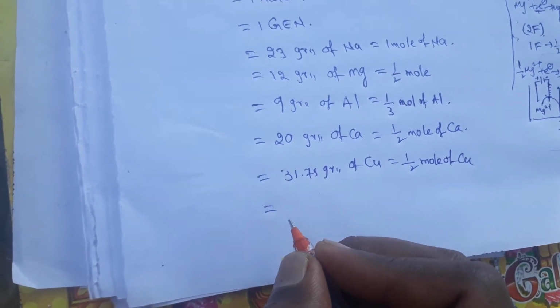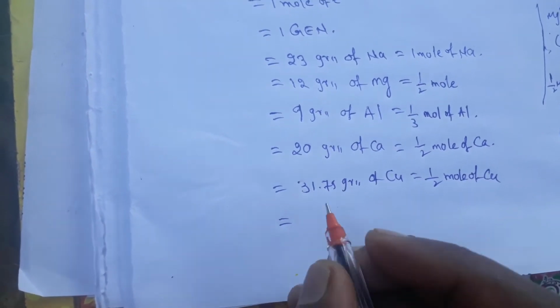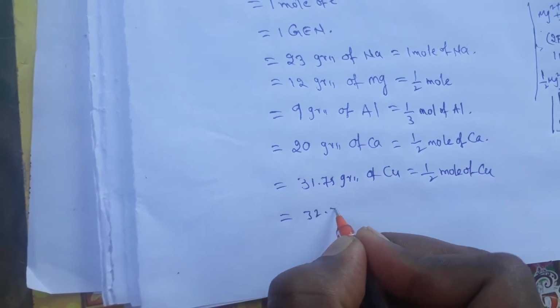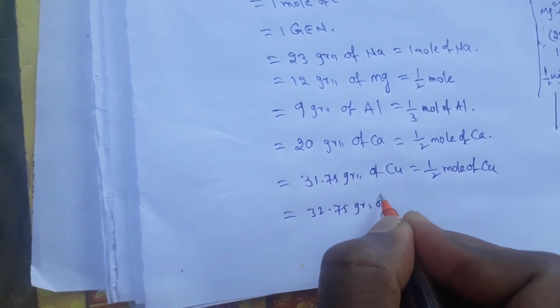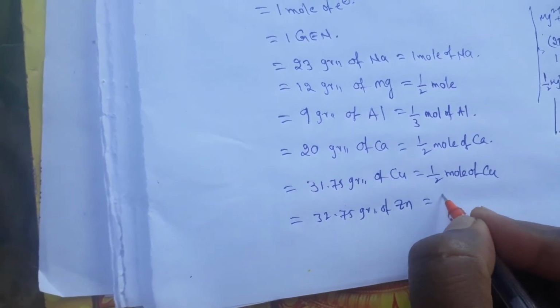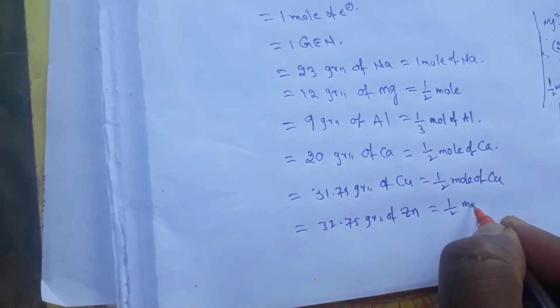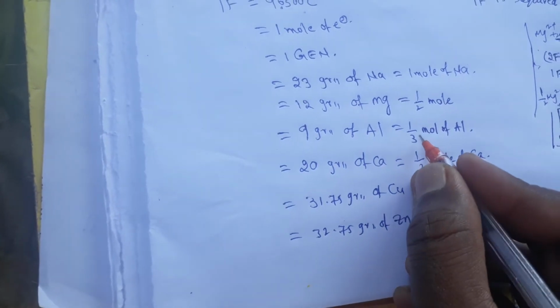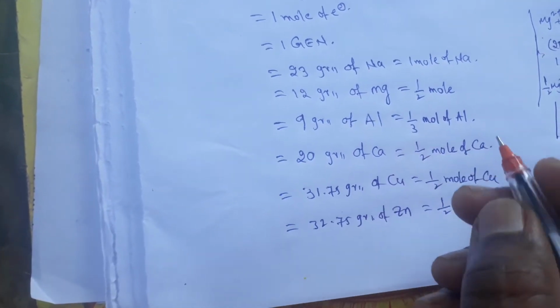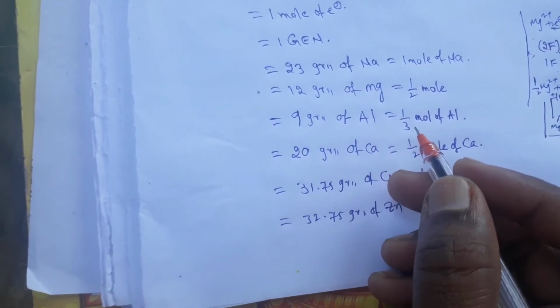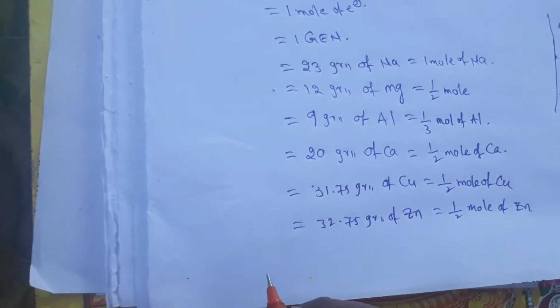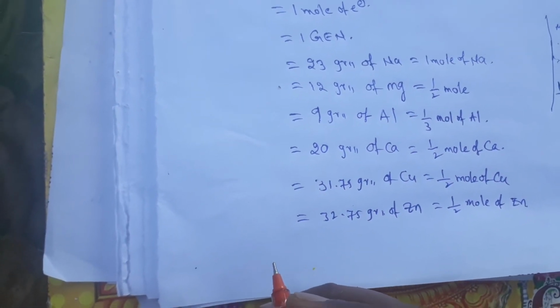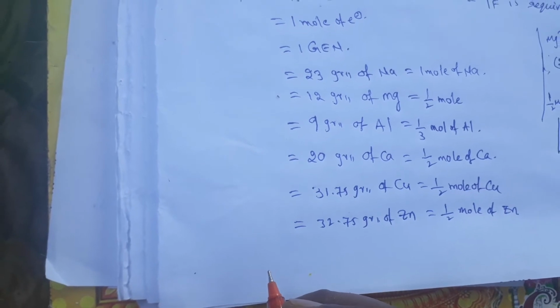And if you take zinc, then 32.75 grams of zinc equals half a mole of zinc. Why is everything half here? Because the ions are positively charged, that means 3+ or 2+ ions will be present.